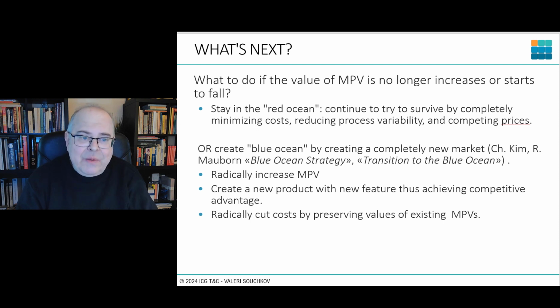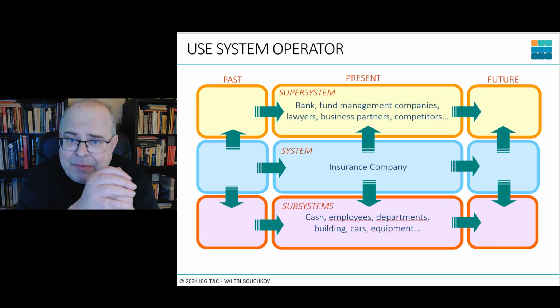Today we conduct a lot of experiments with the system operator, or the 9-window model, which you probably know very well.